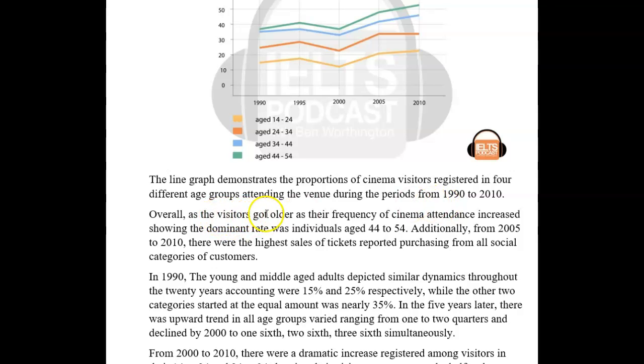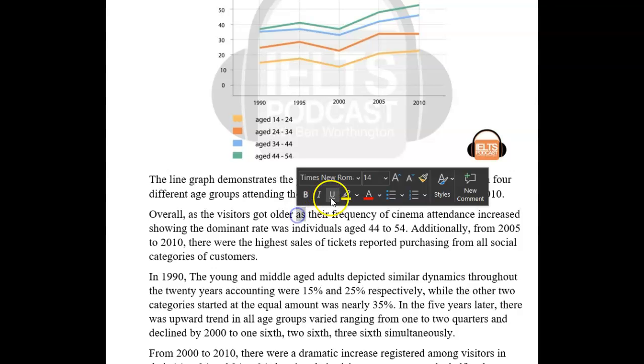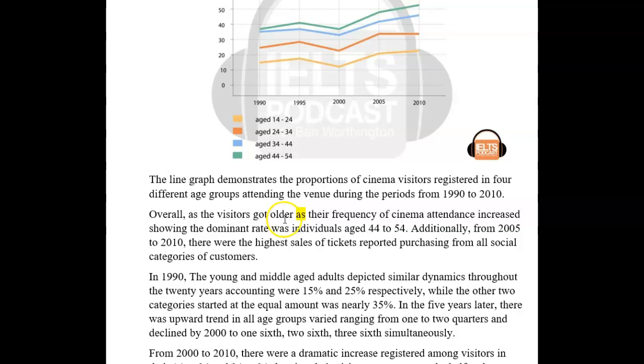Overall, as the visitors got older, their frequency of cinema attendance increased, showing the dominant rate for individuals aged. Good, nice. Additionally, from 2005 to 2010, there were the highest sales of tickets reported, purchasing from all social categories. Very nice, good.